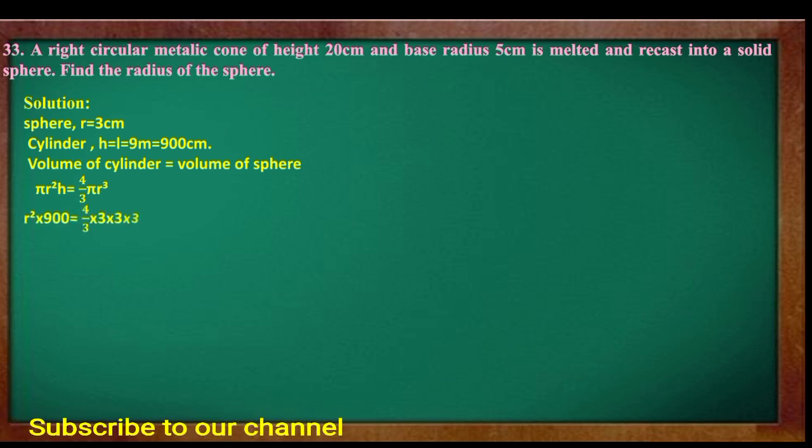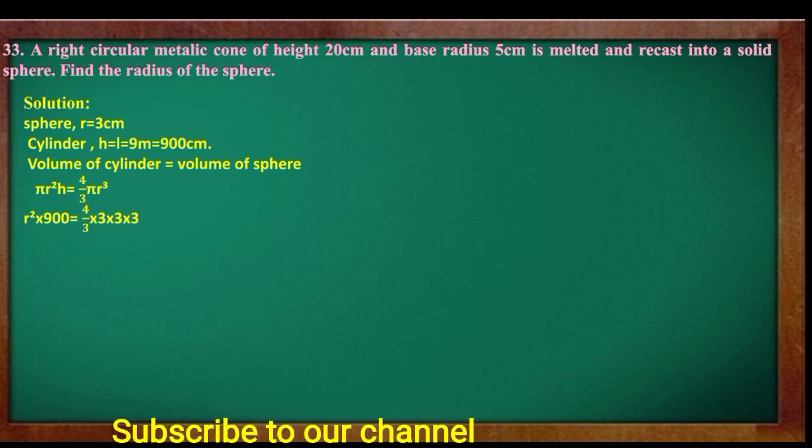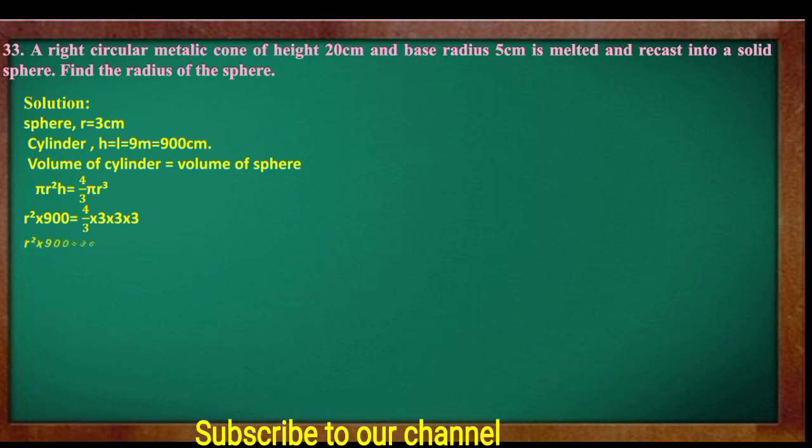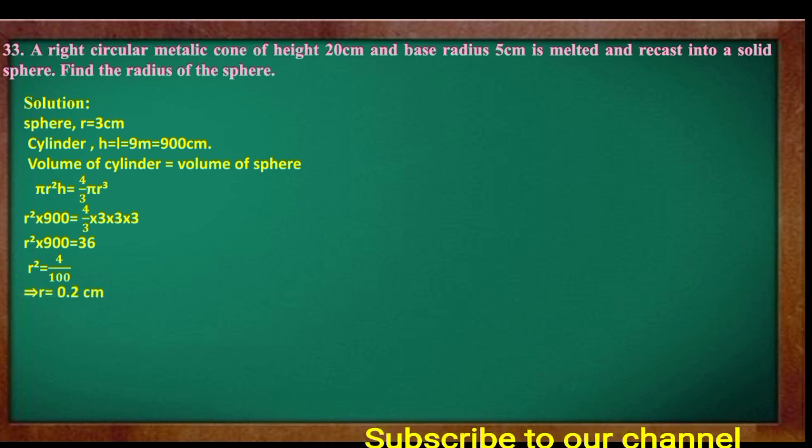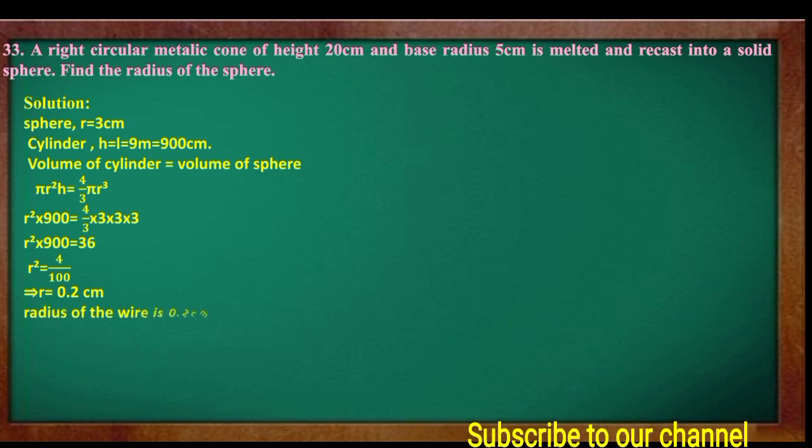On simplifying the values, we get r square is equal to 4 by 100, that is r is equal to 0.2 centimeter. Therefore the radius of the wire is 0.2 centimeter.